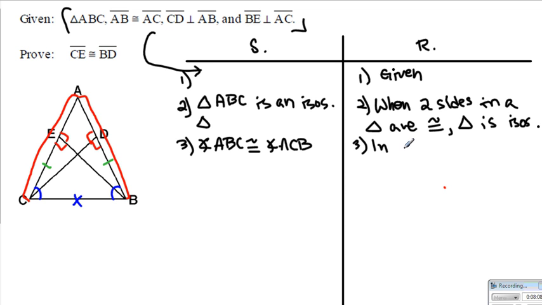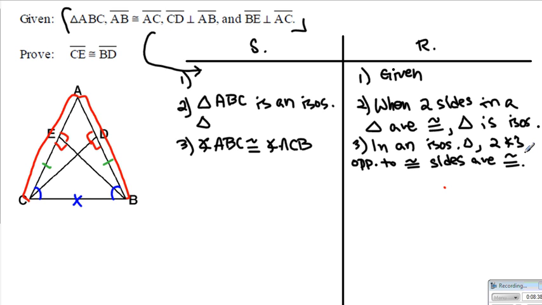In an isosceles triangle, two angles opposite to congruent sides are congruent. Also you could simply write down: two base angles in an isosceles triangle are congruent. All right.